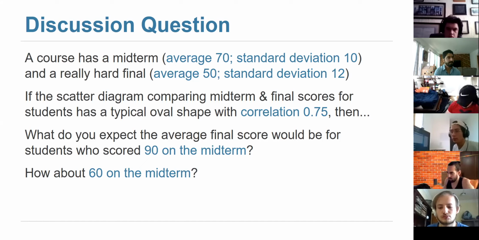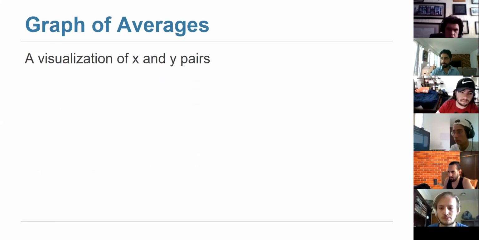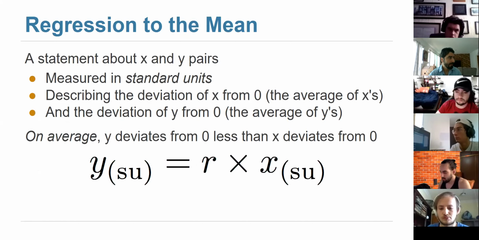The standard unit conversion was the value minus the average over the standard deviation, right? And you remember this was our equation based on the standard unit: Y in standard unit equals R multiplied by X in standard unit.